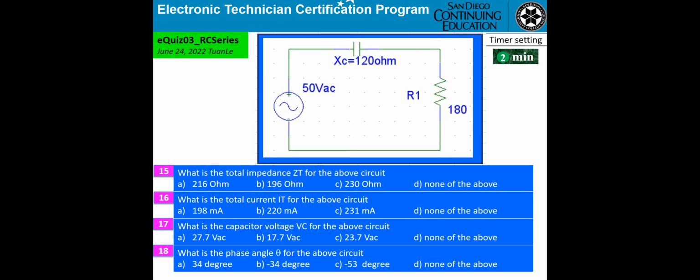So answer number 15, and then after that, answer 15 again. 15 now will be 16. 16 will be 17. 17 will be 18. Delete question number 18. We only count 18 questions total. That's for extra credit, right? Right.